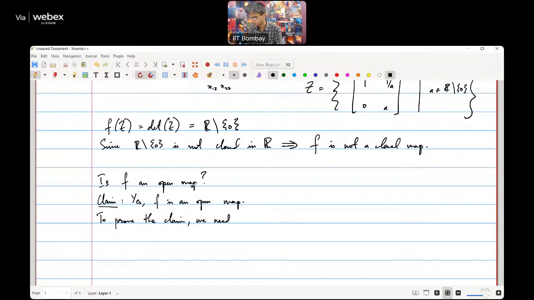We need to show that if U contained in M_n(R) is an open subset, then f of U is open.